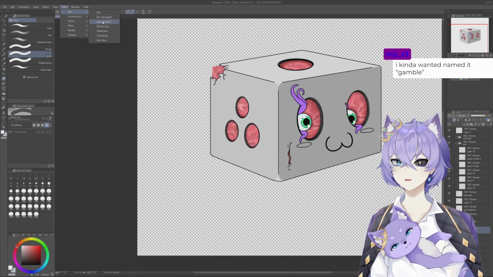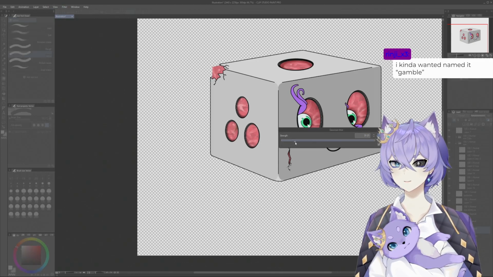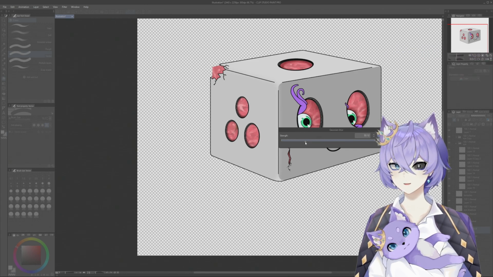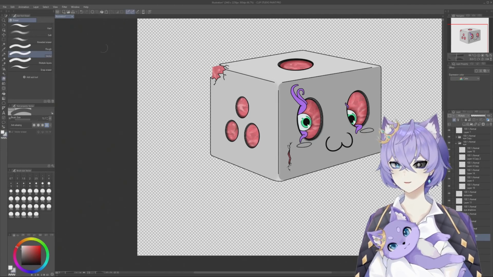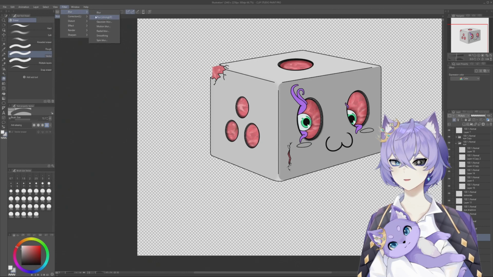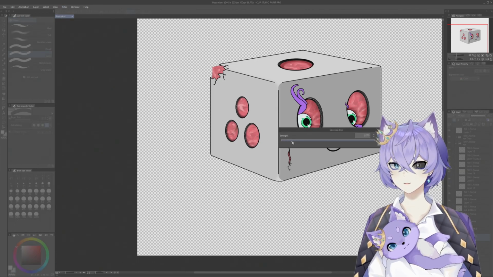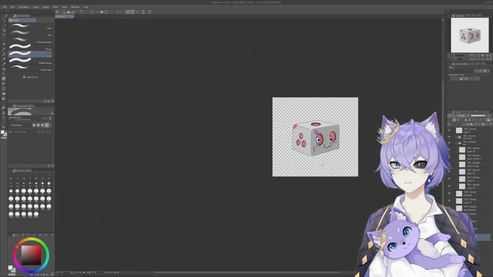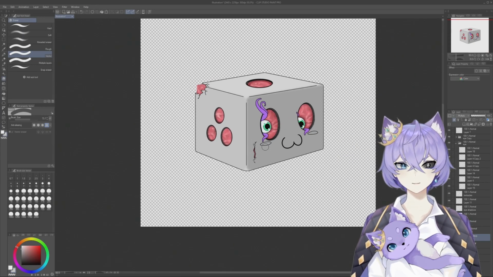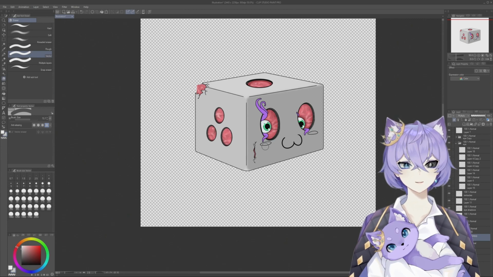Filter, blur, Gaussian blur. And we just let the strength of the blur blend the edges. Blur, Gaussian blur. Kind of want to name it Gamble.